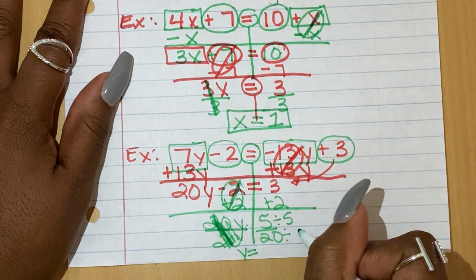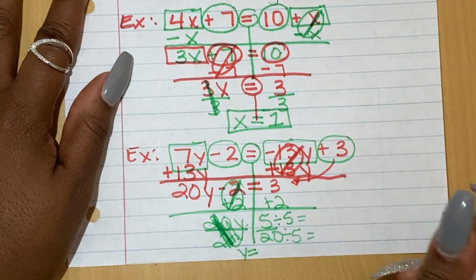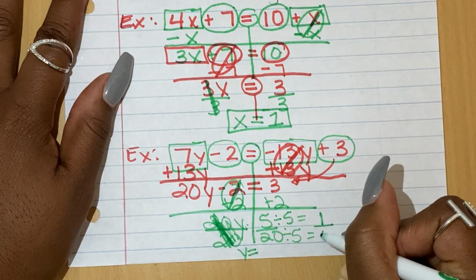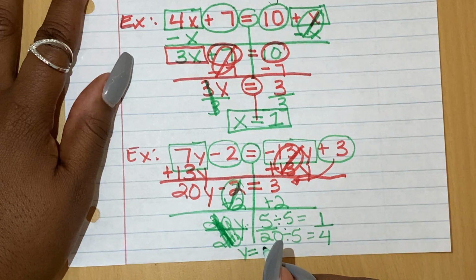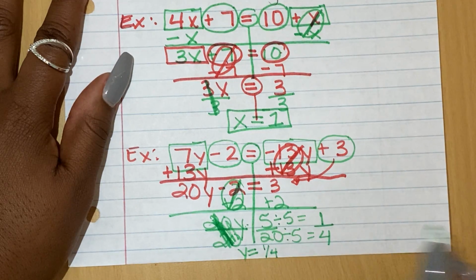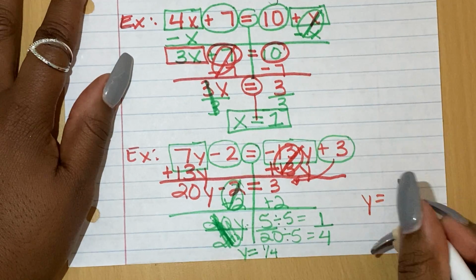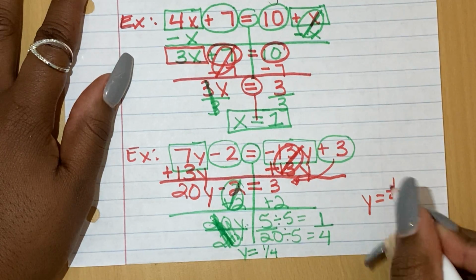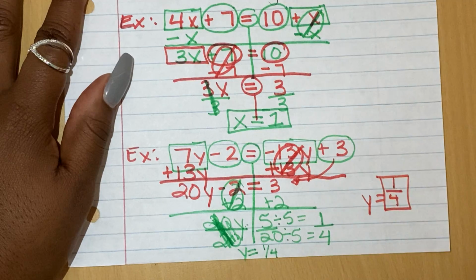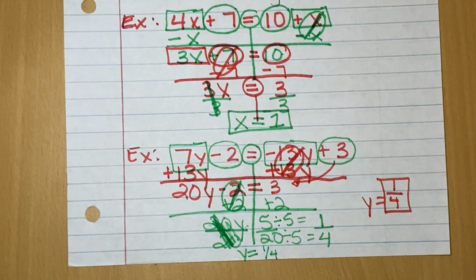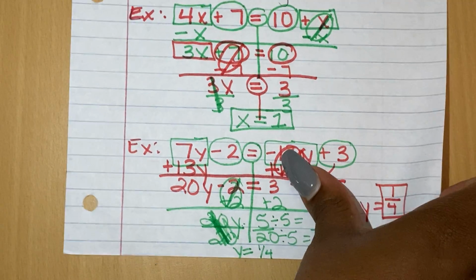I can divide the top and the bottom by 5. 5 divided by 5 is 1. 20 divided by 5 is 4. My y is equal to 1/4. For this problem, y equals 1/4. Okay? Let's look at another example.